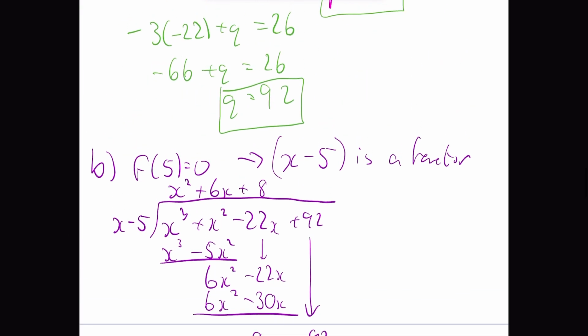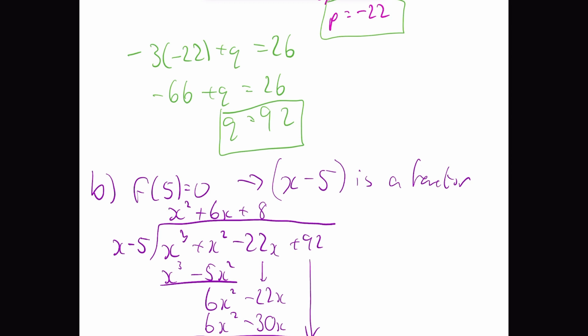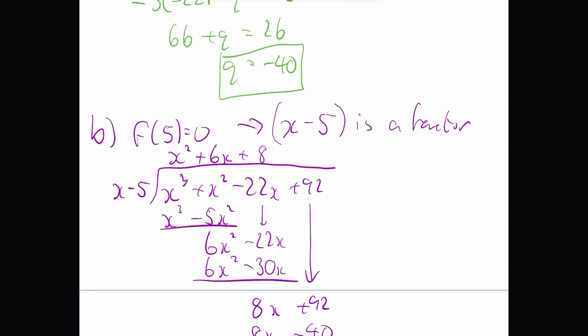So that tells me I've made a mistake somewhere. I see where my mistake was. So if we go back, relatively minor mistake, but I shouldn't do it. Minus 3 times minus 22 is positive 66. So I should have had this turn out to be minus 40, which is good, because if that was minus 40 and I brought it down, I do get 0.